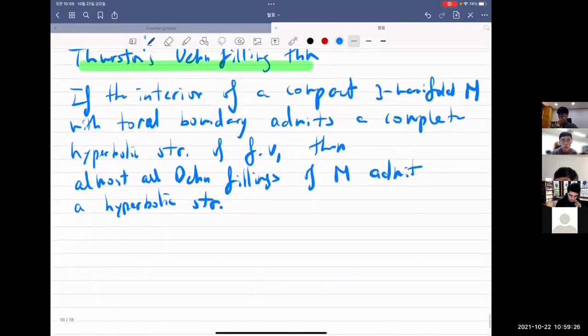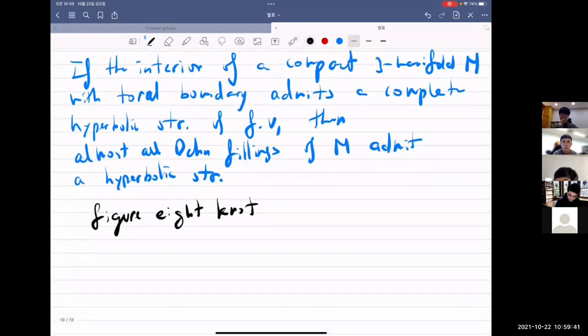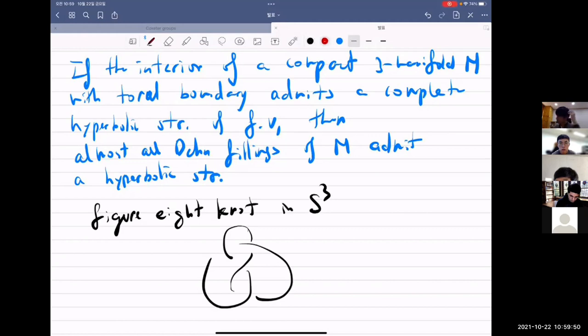I think it's better to draw one particular example. Let's look at the figure-eight knot in S3. Then take the open neighborhood, the tubular neighborhood. Maybe I should use the same colors.